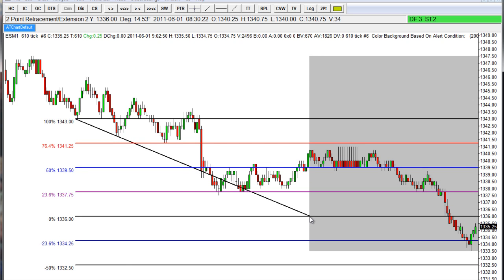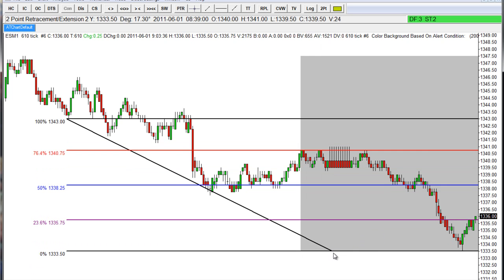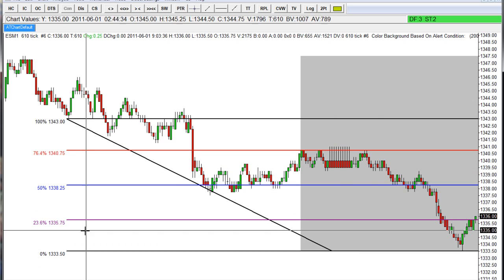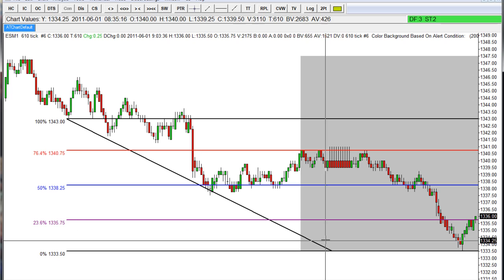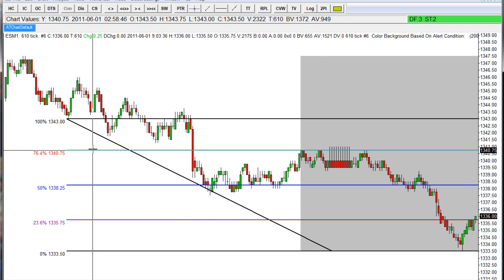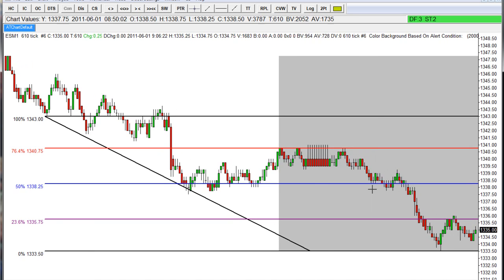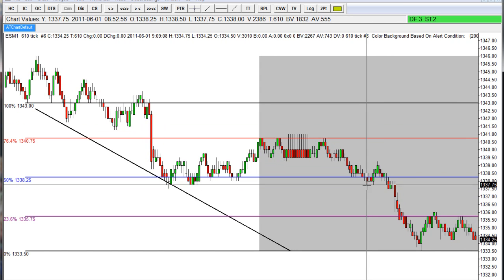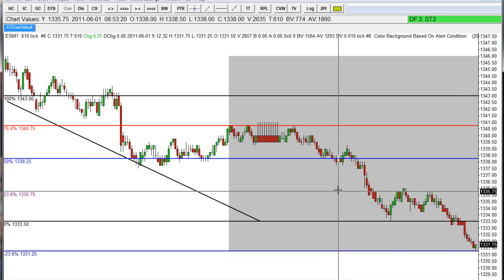Then it continued to move down to the -23.6% level and retraced to the 0% level. So I moved my fib once again till here, and as you can see, the distance between the pivots now is way too much. Okay, the distance between the 50% level and the 76.4% level is above 2 points, so I wouldn't be taking any other trades with this fib.